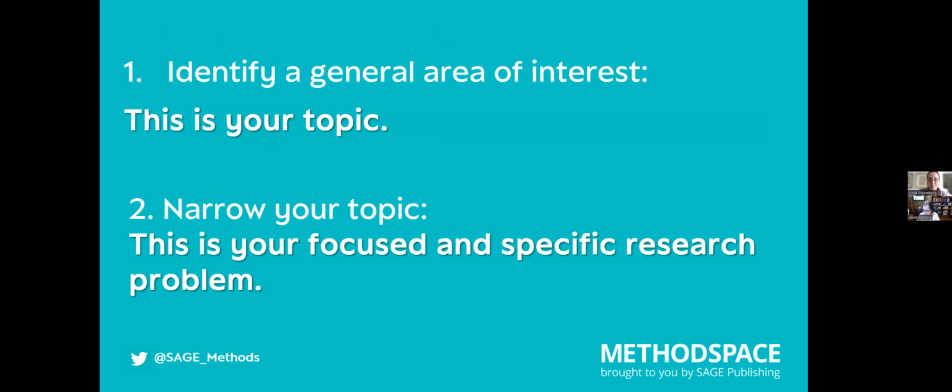So once we've done this brainstorming and we've looked at the previous literature and dissertations and talked with people, the first step is we need to identify our topic of interest. So what is our topic of interest? And then the second thing we need to do is narrow that focus to some specific research problem that still has gaps in the current research.